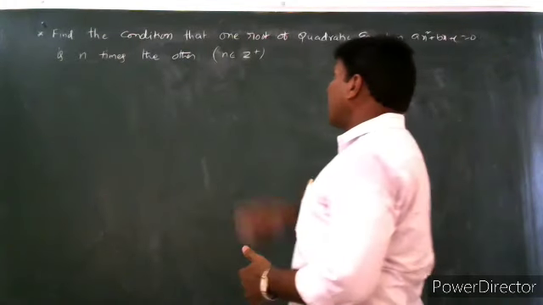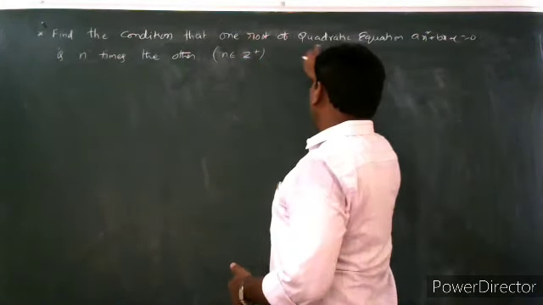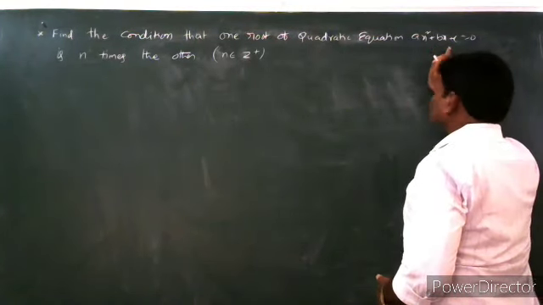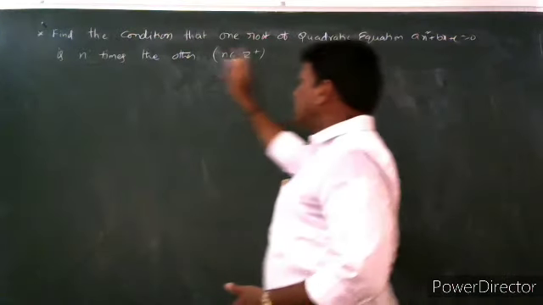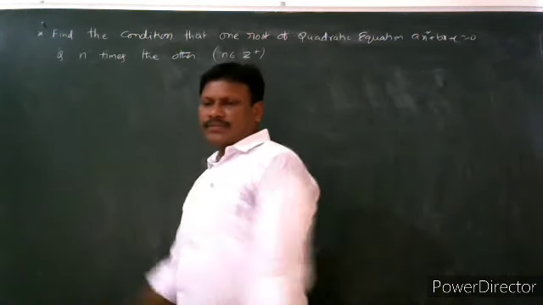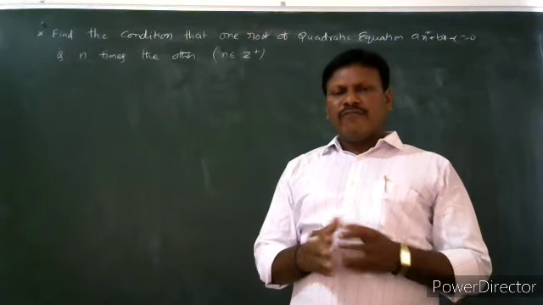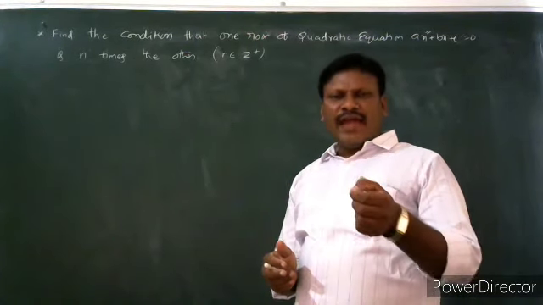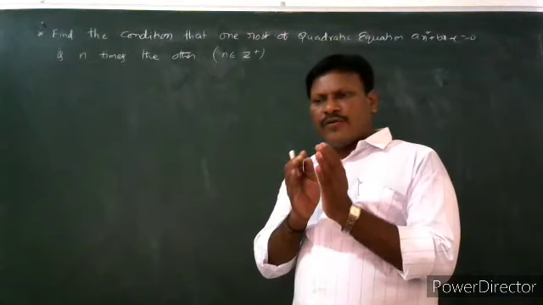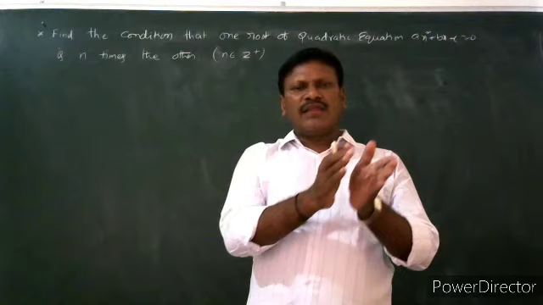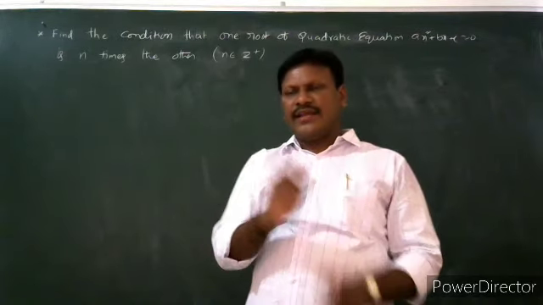Find the condition that one root of the quadratic equation ax² + bx + c = 0 is n times the other. If one root is n times the other, for example, if one root is k, the other root is n into k. If one root is alpha, the other one is n times the first root, that is n alpha.